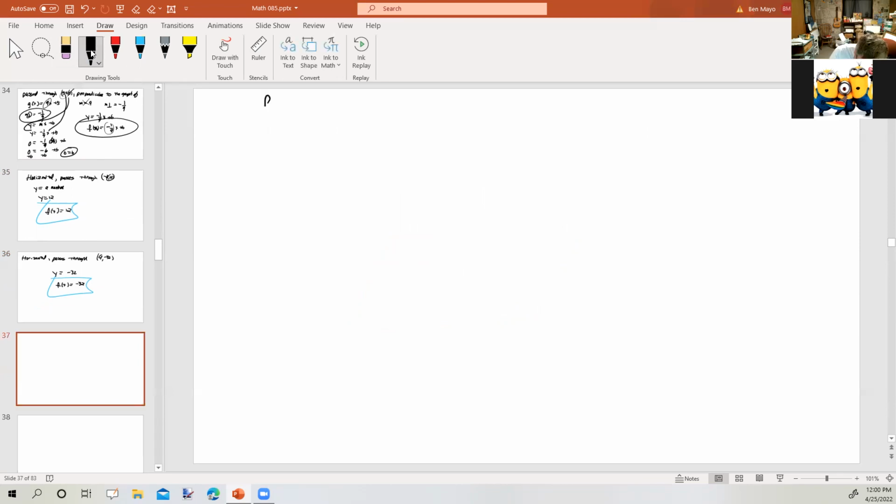So f of x equals mx plus b. In 2005, approximately 2,175,500 nurses were needed. By the year 2015, that number is expected to increase to about 2,586,500. So obviously this problem is old.